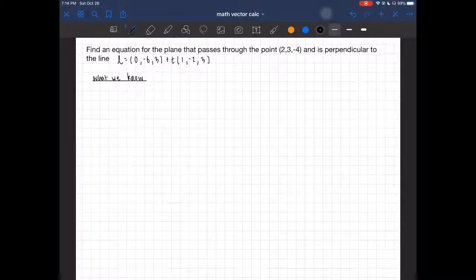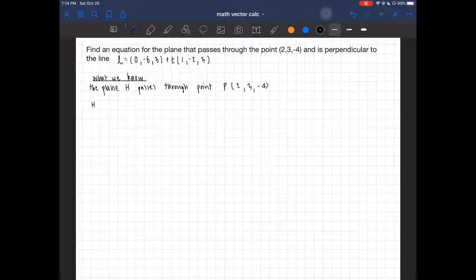This is what I like to start off with because it makes it easier for me to visualize. So the plane, let's call it H, passes through the point, let's call it point P, (2, 3, -4).